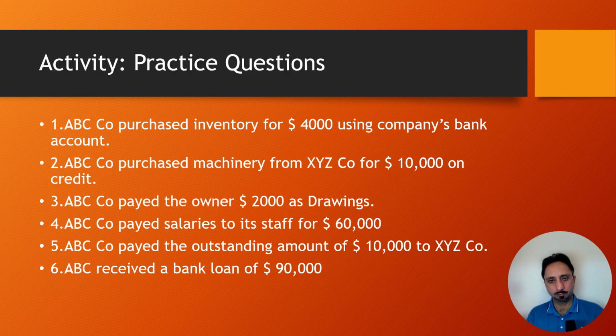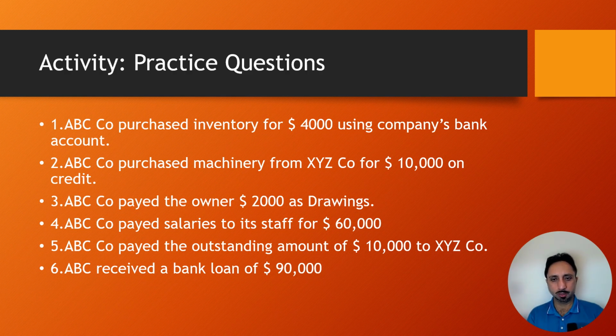Question number 4. ABC Corporation paid salaries to its staff for 60,000. Now when salaries are paid, that is an expense, and when there is increase in expense, it has to be debited, and when the salaries are paid using cash or bank account, there will be a decrease in the value of asset named bank. Question number 5.